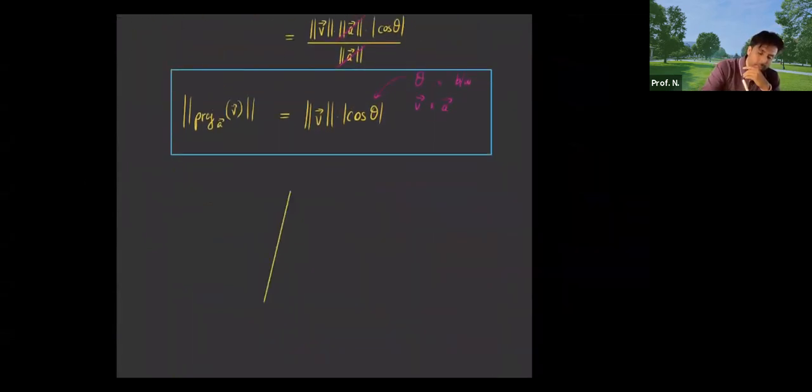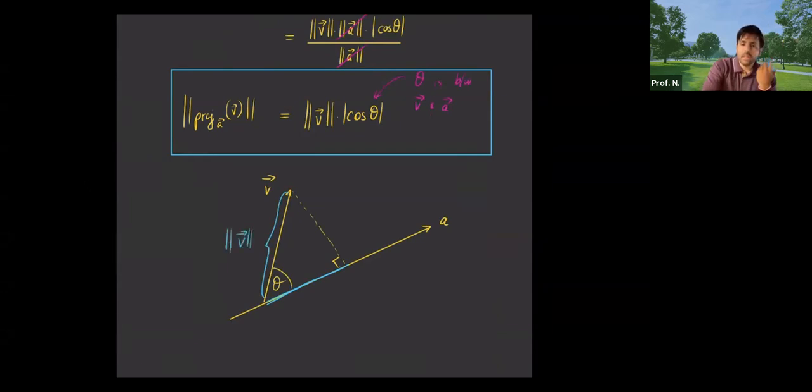So if I have a vector V, and this is A, and I want to find the length of this guy here. And I know the length of this guy. What's the length of the vector V? It's the norm.